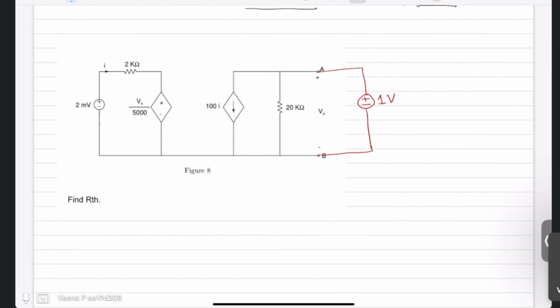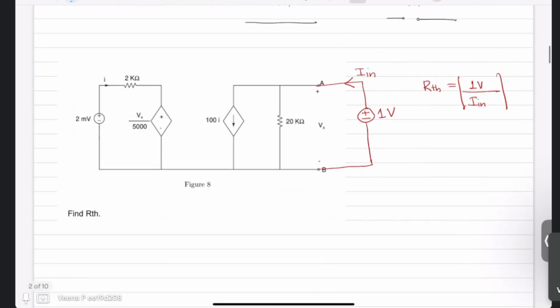Now I am connecting a 1 volt source and the current drawn is, say, I in. So R Thevenin is given by 1 volt divided by the magnitude of I in. So the problem becomes 1 divided by I in, and now our problem is to find I in.